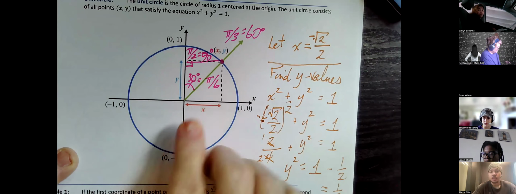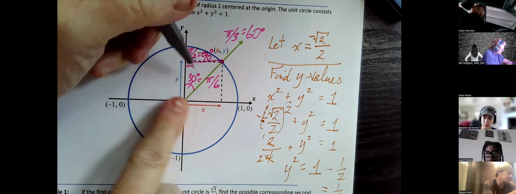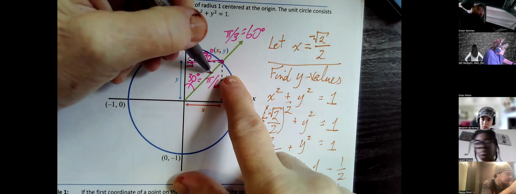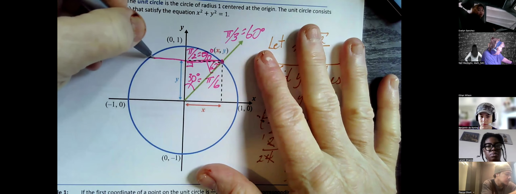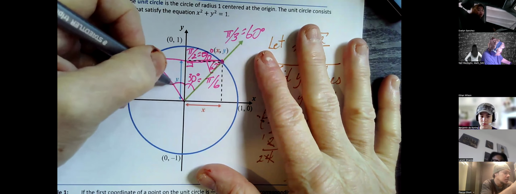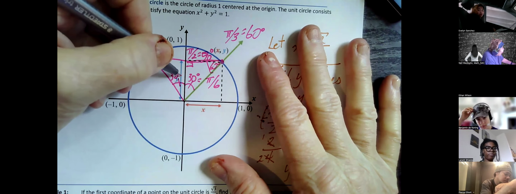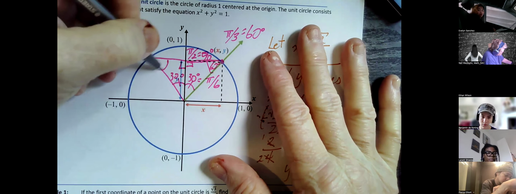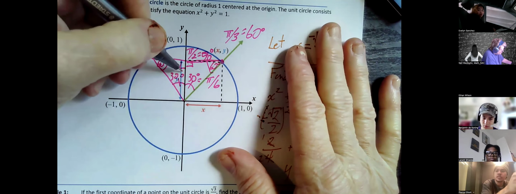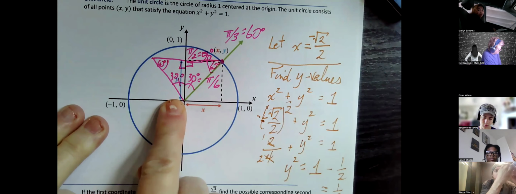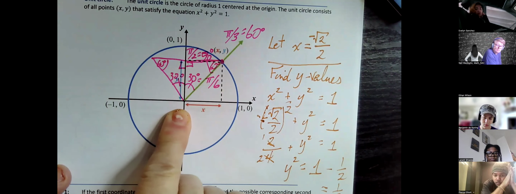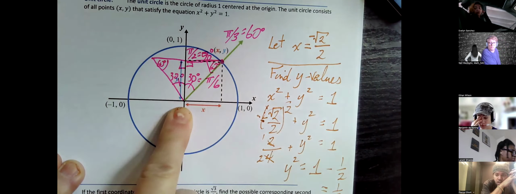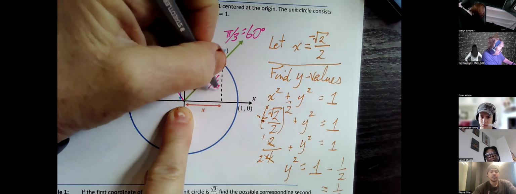Okay, so we've got this triangle that is 30, 60, 90, and the other one is still 60. And what kind of triangle is this?